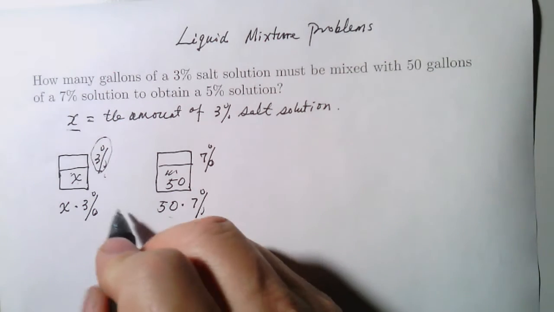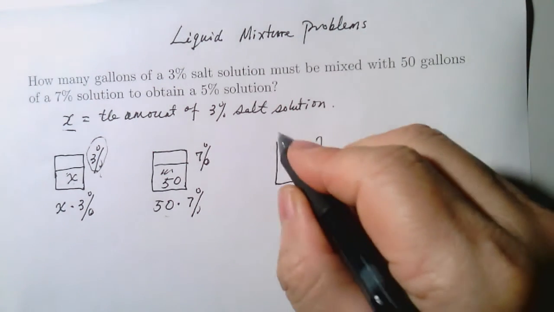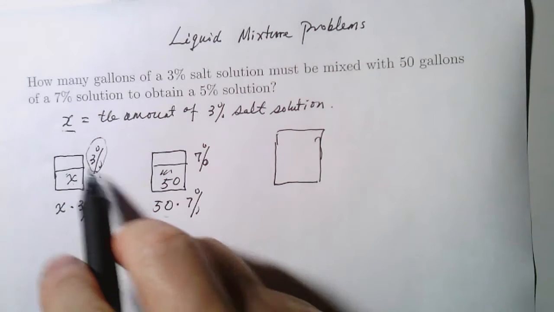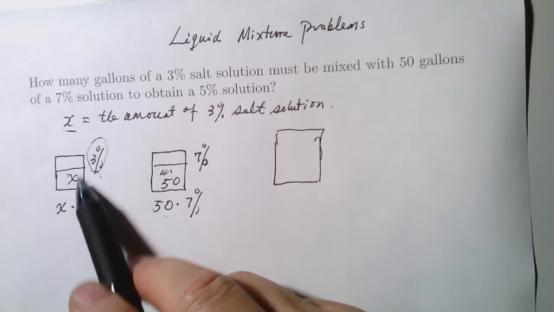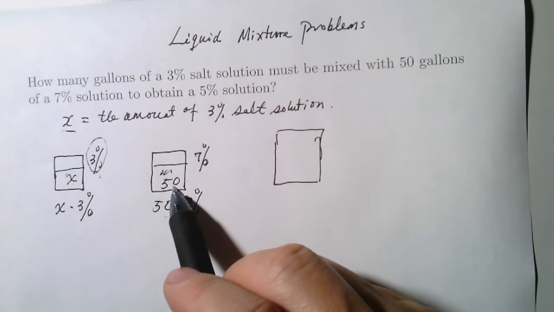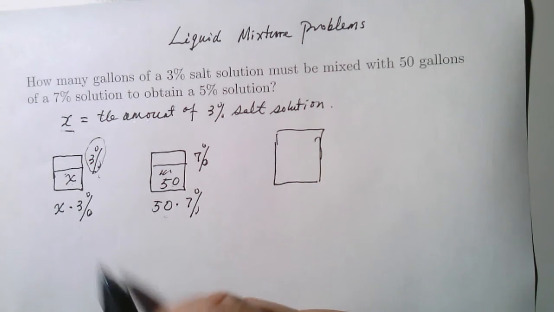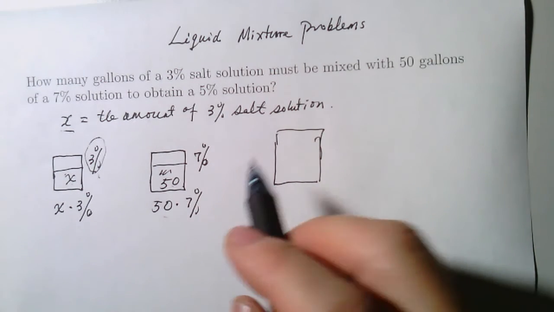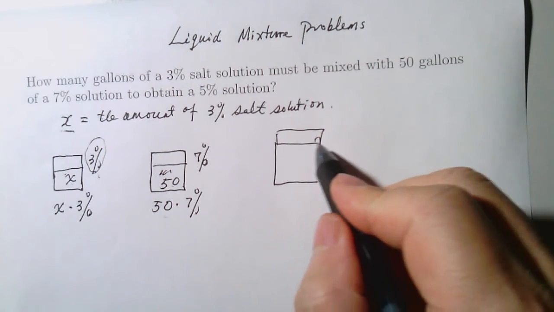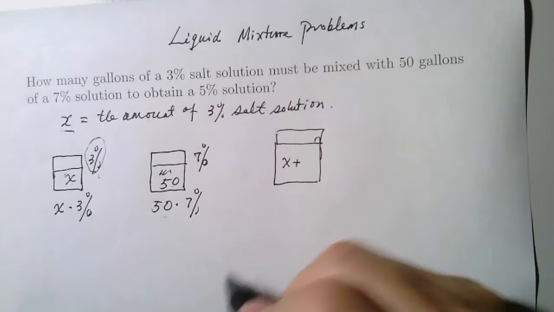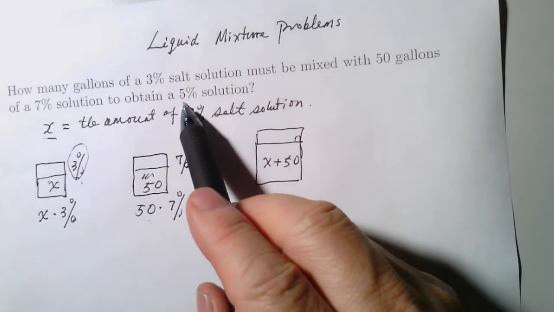Now let's take a look at the mixture. Mix these two together: x gallons of 3% solution plus 50 gallons of 7% solution. The total volume of the mixture is x plus 50 gallons, and it is 5%.